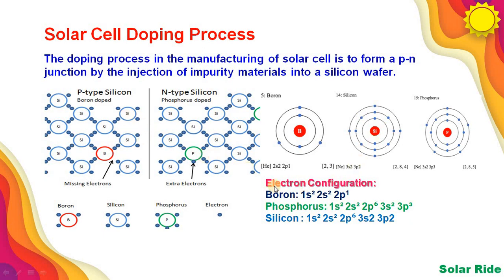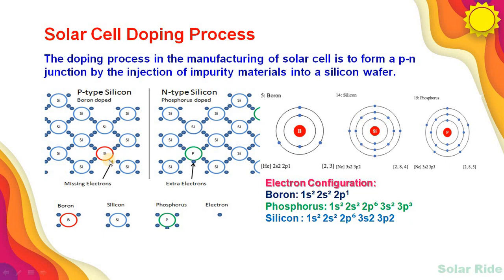Observe the electron configuration of boron. Boron has 3 electrons, silicon has 4 electrons in the final orbit, and phosphorus has 5 electrons. It means silicon, with respect to its atomic number, has its orbitals completely filled. Boron needs 1 electron, and phosphorus has one extra electron.